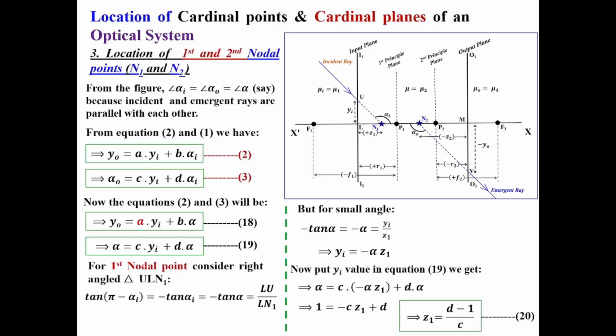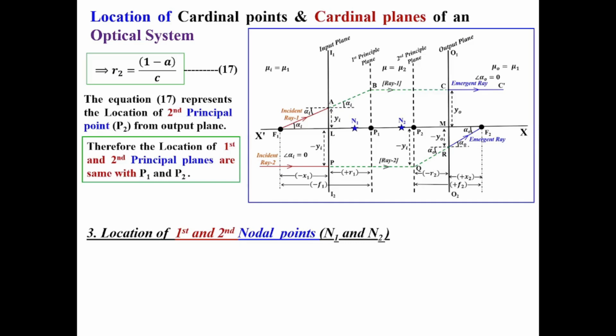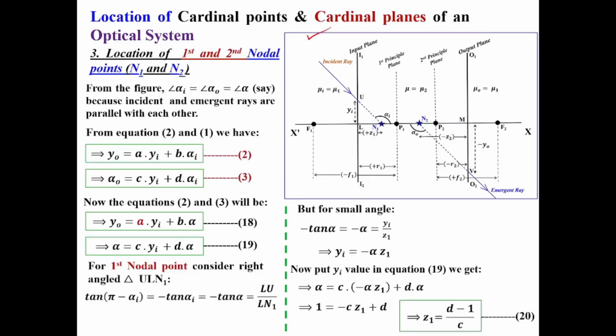To calculate the location of the first and second nodal points N1 and N2, we consider this figure. Earlier, for the principal points and the first and second focal points F1 and F2, we considered another figure, but to evaluate the nodal points the figure is somewhat different, this one. This is your input plane I1 I2, and this is your output plane O1 O2. In between the input and output planes, an optical system is present.